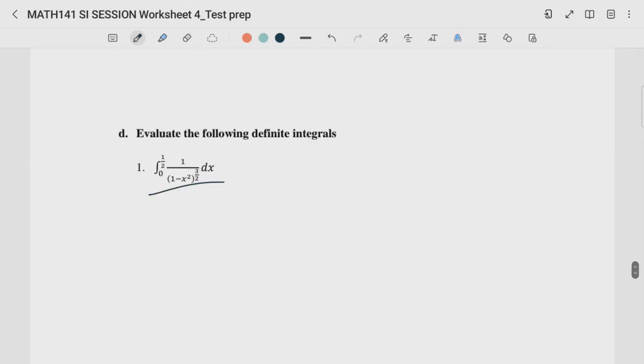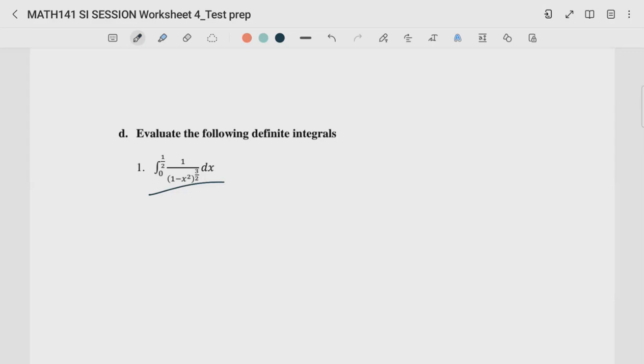So how should I make this simple for you guys? In most of these examples, especially for test two, this is sort of a general thing to say, so don't quote me on this, but I don't think you will need to complete the square in the questions that you'll find.